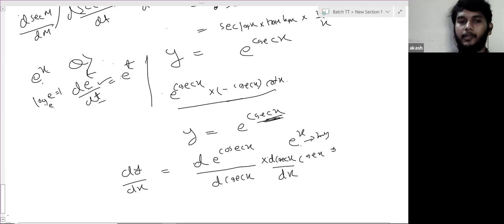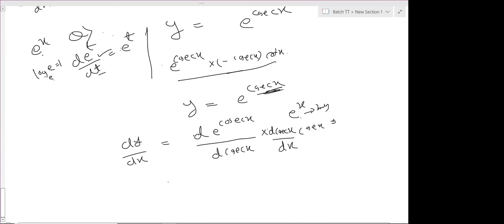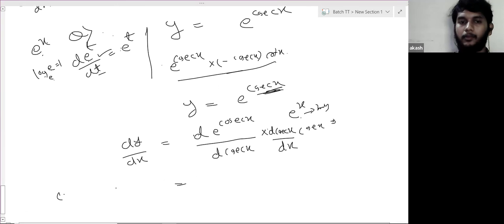All right. Now what is the step? Write cosec x as t. So cosec x, we have assumed t.